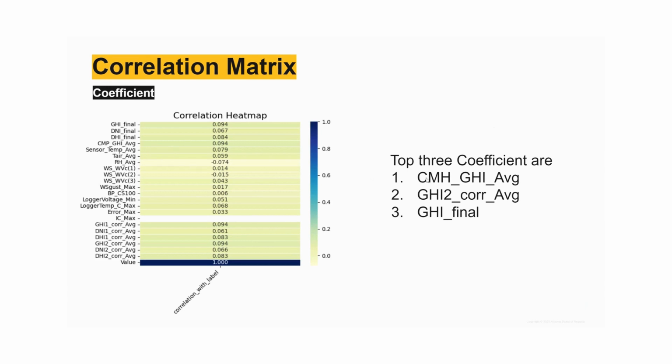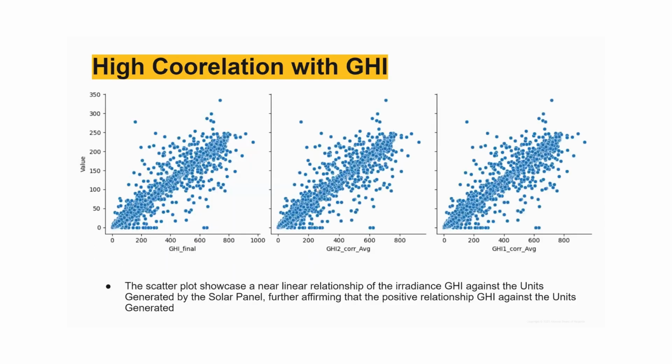And as you can see, these three features, which were GHI, GHI2 correlation, and GHI final, had the highest correlation against the units that were generated by the solar panel. Similarly, we also have a data visualization, which shows that there's almost a linear relationship of the GHI, which was the irradiance value, against the units that are generated.